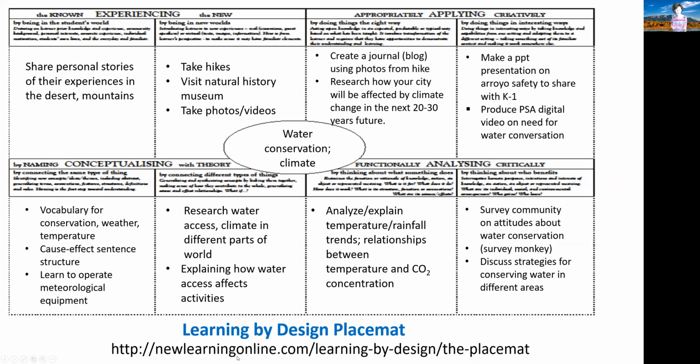It's a superb website for finding all kinds of information about how to teach using a multiliteracies approach. So here's the lesson plan for our 4 components of multiliteracy education. We start with experiencing. We ask the students, tell us about their personal stories of being out in the desert, hiking up in the mountains.